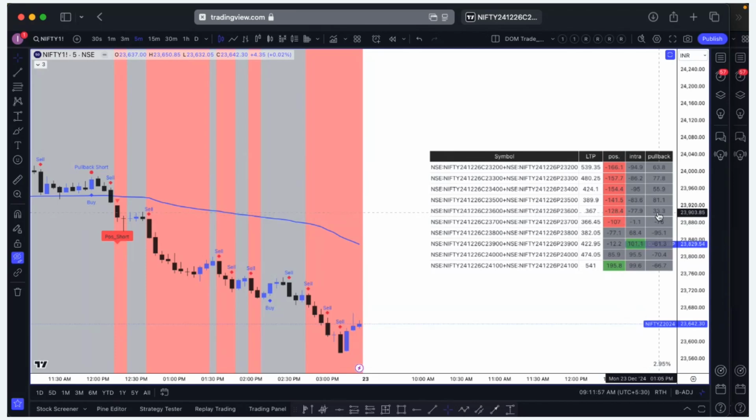Whenever that is happening, probably you can go and take a short on that straddle with a defined stop loss. Predefined stop loss in the sense the stop loss that we follow on expiry day is 38%. On a non-expiry day it is 10%, because on expiry day premiums will be very cheap.